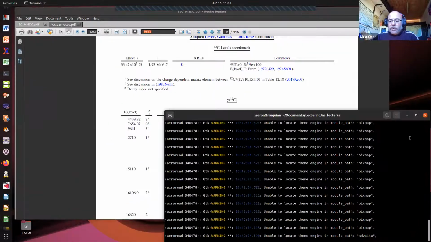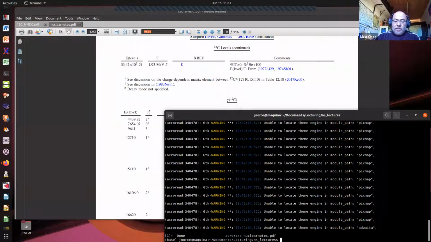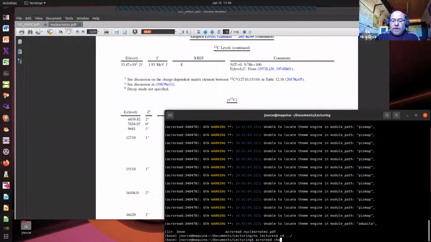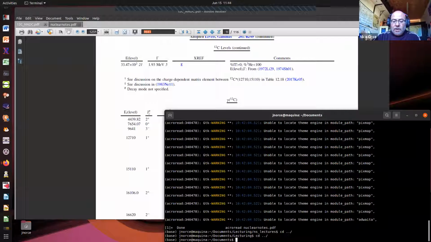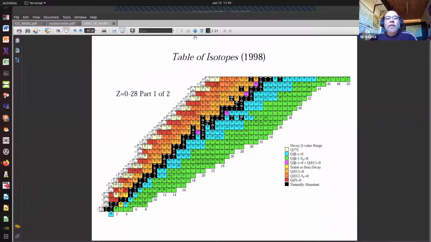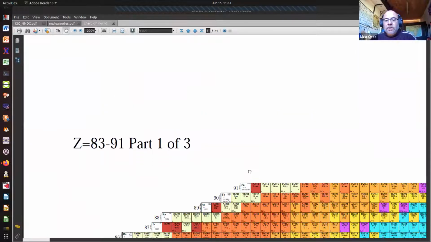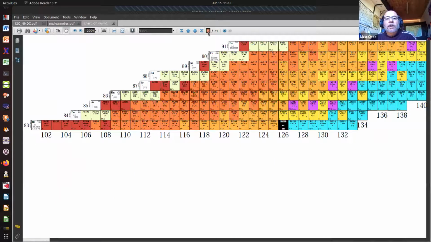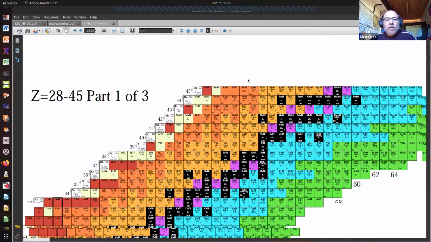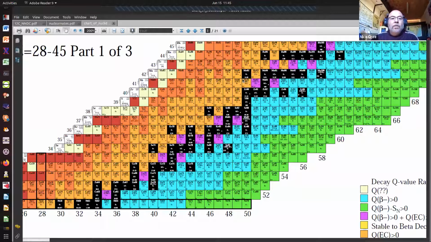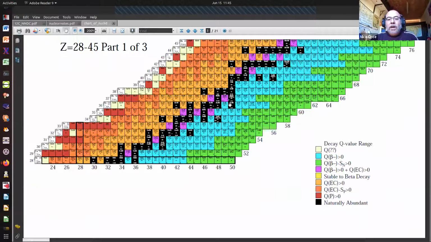So now, important to remember, here is where's my PDF? I could read the chart of nuclides. So if we go to the silver or to the tantalum, I just want to know which silver.